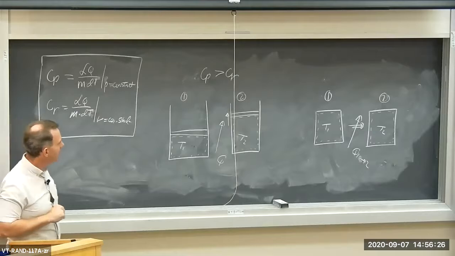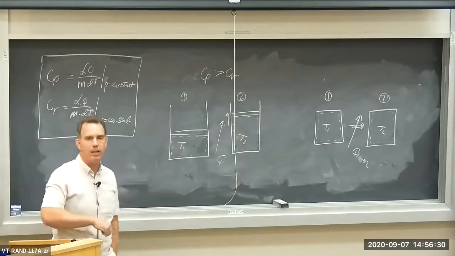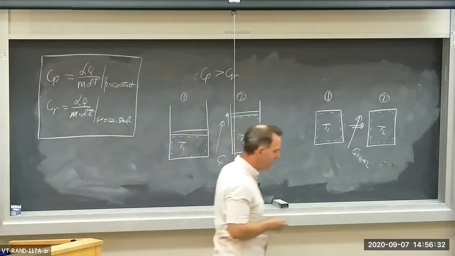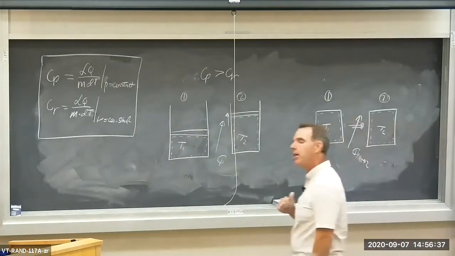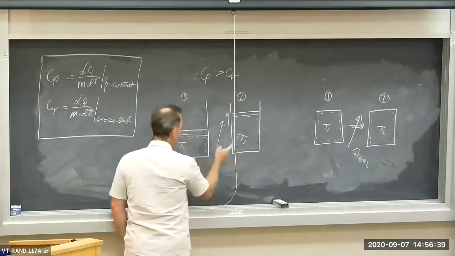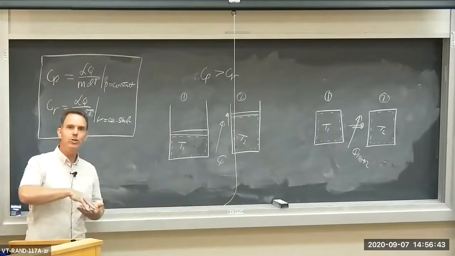Well, the reason is because in the constant pressure process, boundary work is being done. The system is expanding. So some of the heat is being used not only to heat up the system to produce a temperature change, but to expand the system.